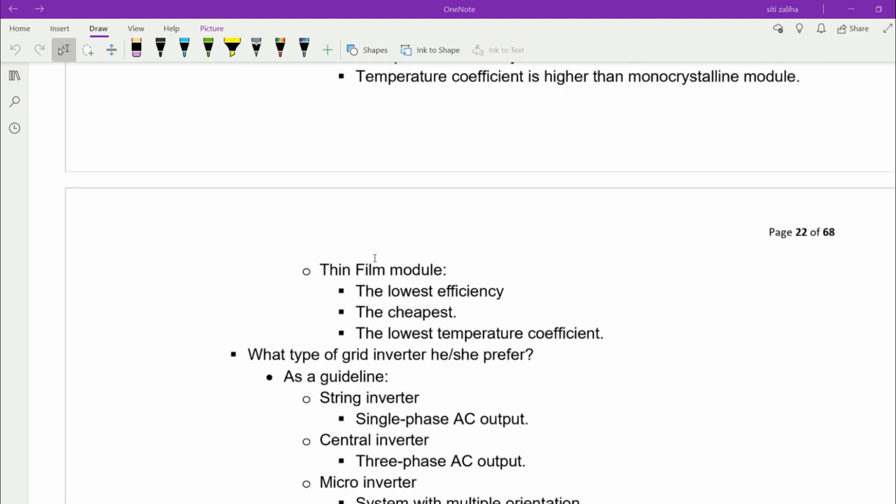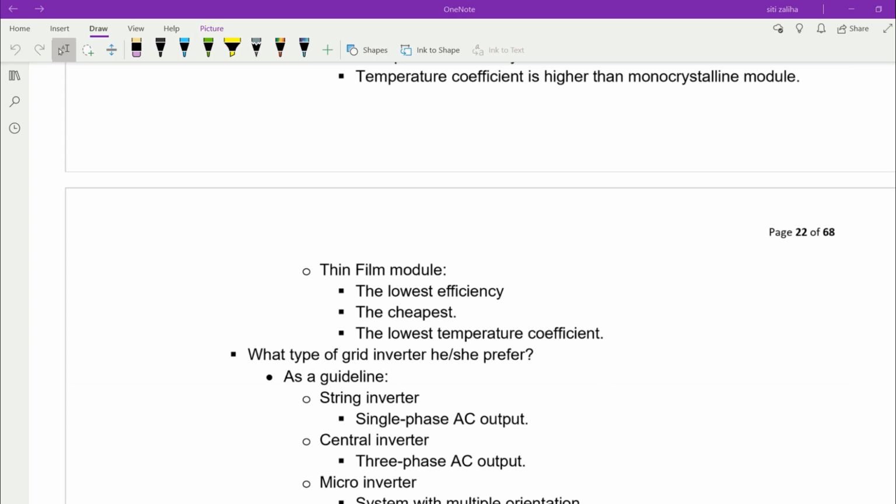And the thin film module has the lowest efficiency, is the cheapest, and has the lowest temperature coefficient. This temperature coefficient you already learned in chapter number 3, which is solar photovoltaic.